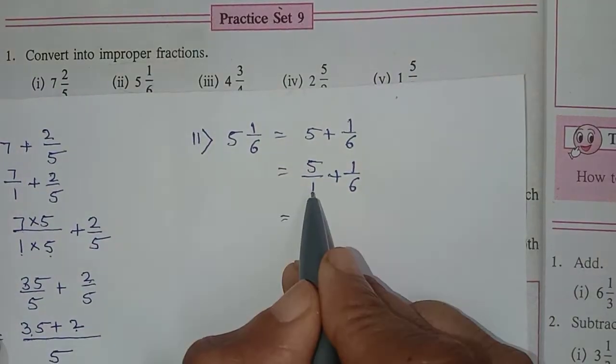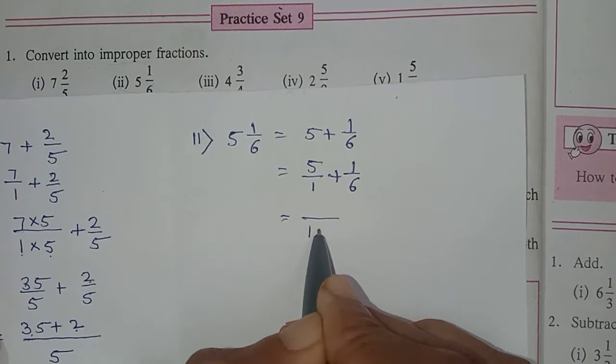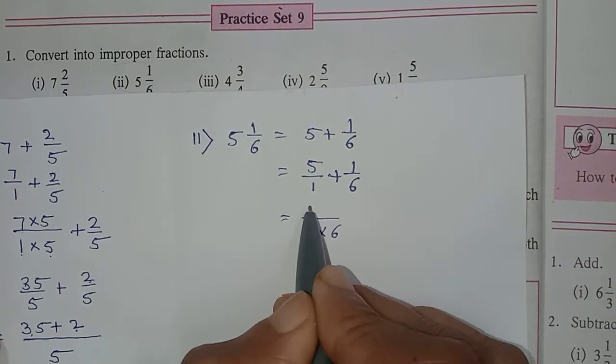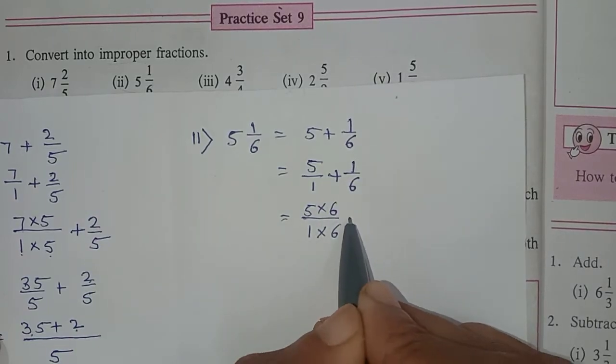Now multiplying 1 by 6, we get 1 into 6. Multiply the numerator also by 6.